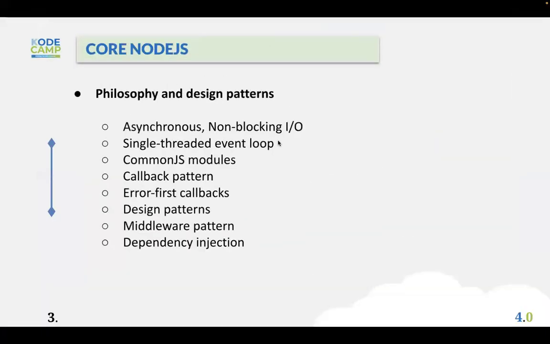Okay, so now that we've seen how basic the CommonJS module is, what are the benefits of the CommonJS modules? Some of the benefits are modularization and dependency management. They promote code organization and reusability by allowing you to break down your code into smaller, well-defined modules.